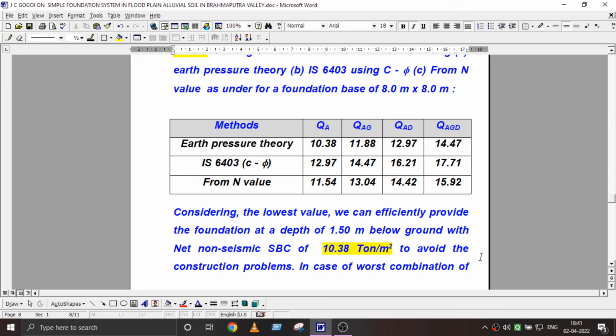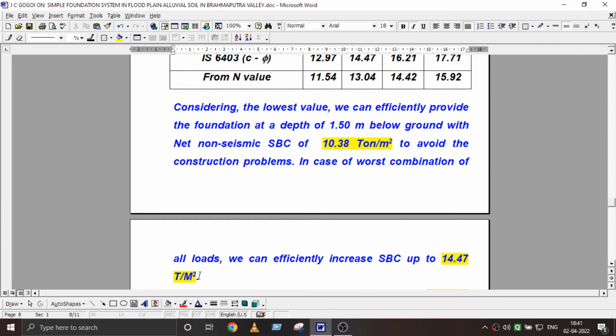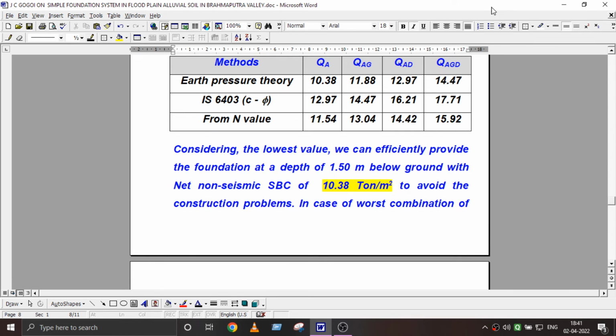In case of combination of all forces, all loads, that means tension, seismic, everything, we can efficiently increase SBC up to 14.47 ton per meter square, since it is gross under seismic condition.